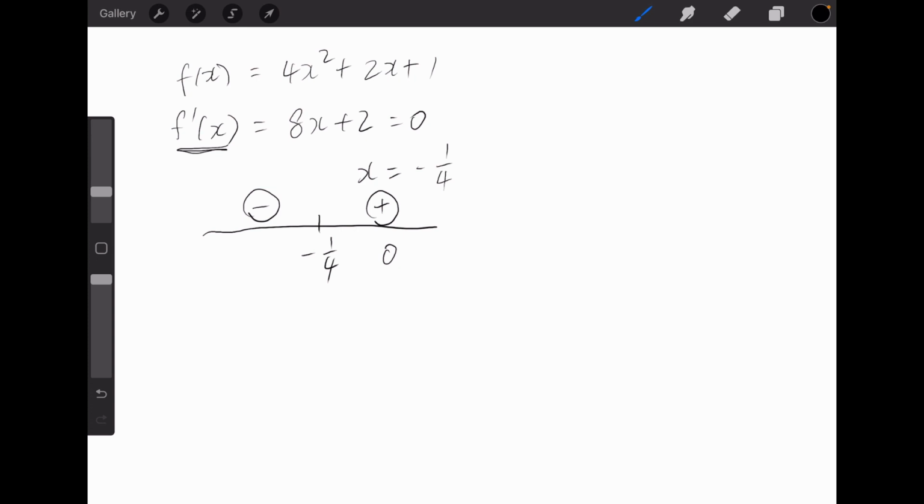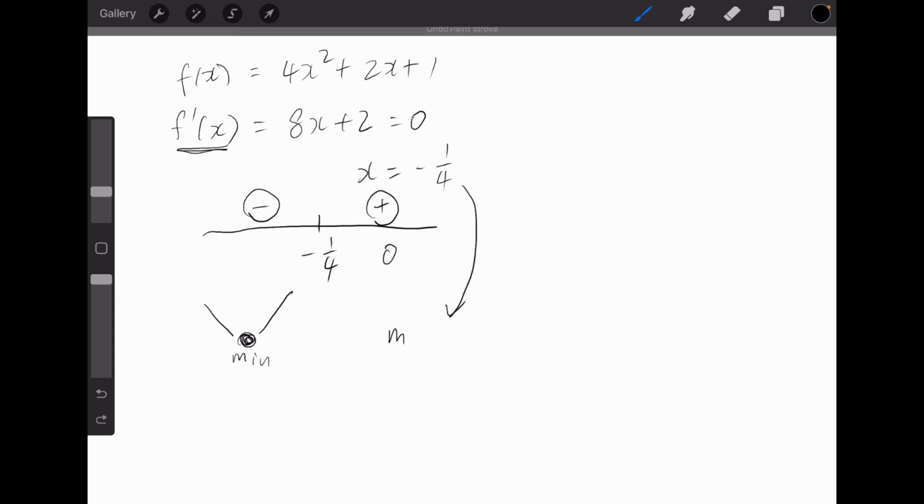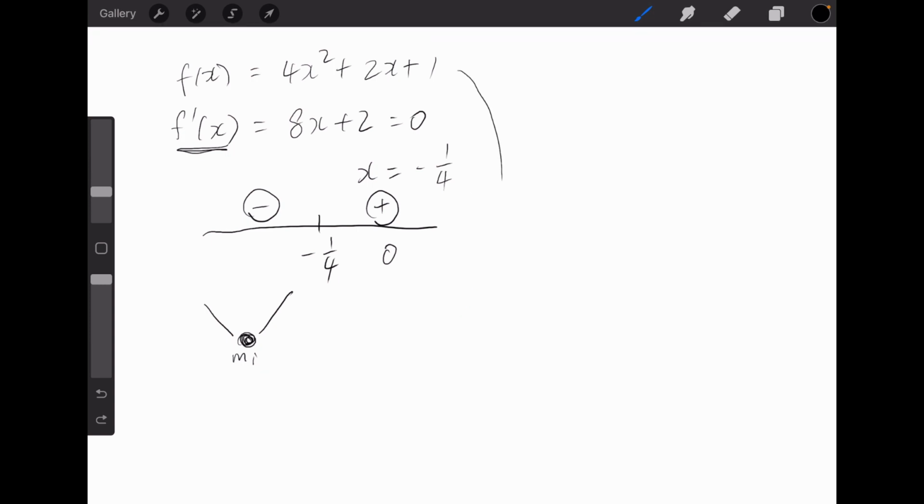And from the previous page, we know that if the derivative changes from negative to positive, I would get a minimum. Therefore, for this function, the minimum is at x equals negative 1 over 4.